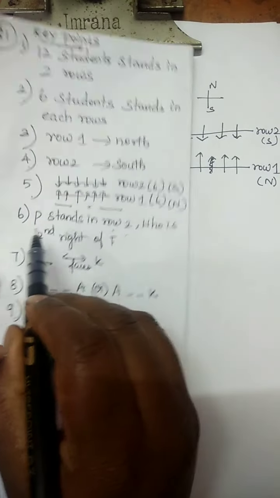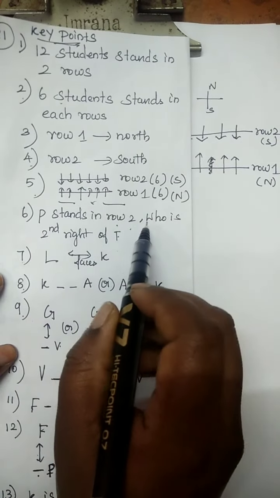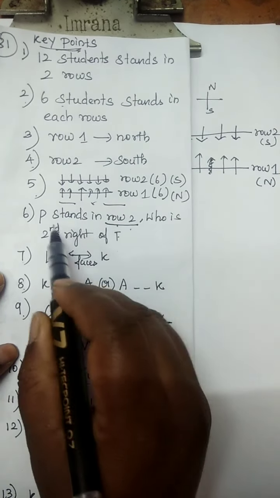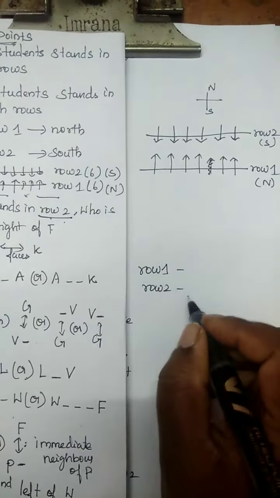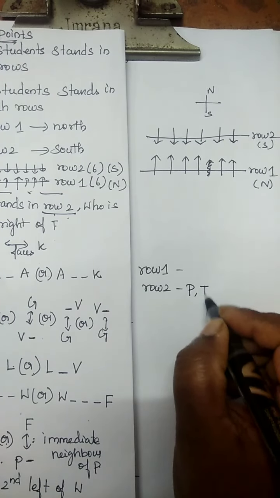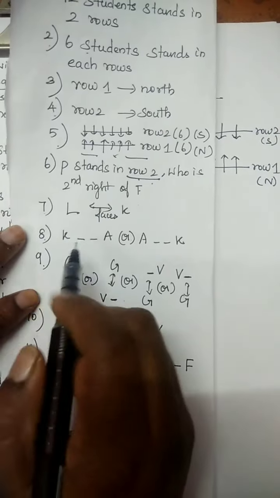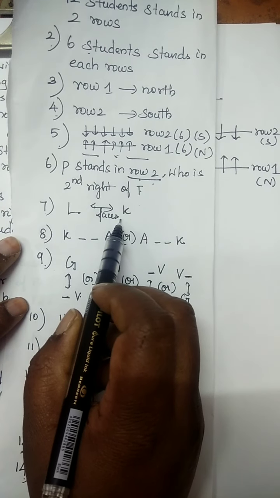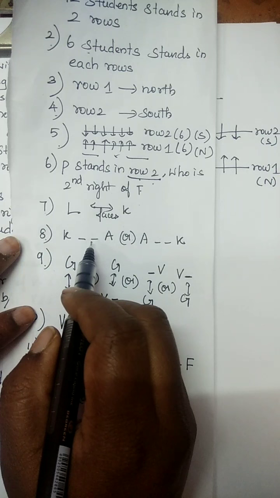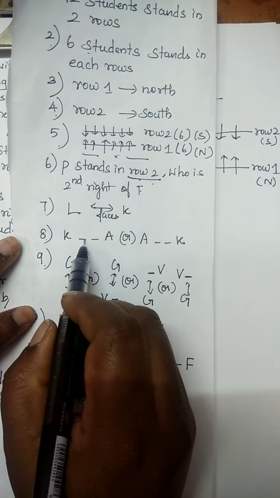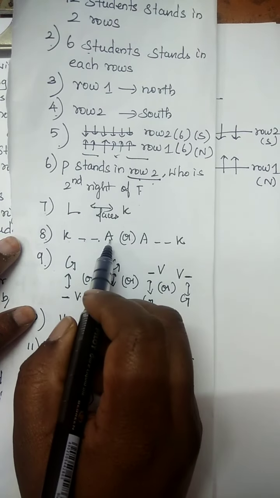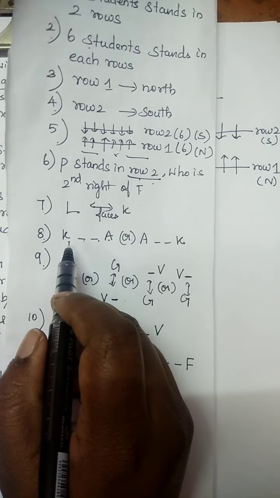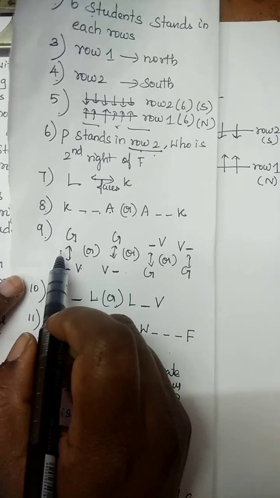Here P stands in row 2 who is second to the right of T. So P and T are in row 2. Now L faces K. We don't know whether they are in row 1 or row 2. There are 2 students between K and A. We don't know their rows either.